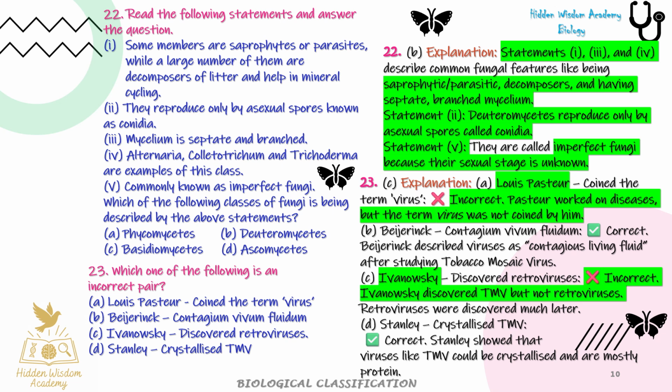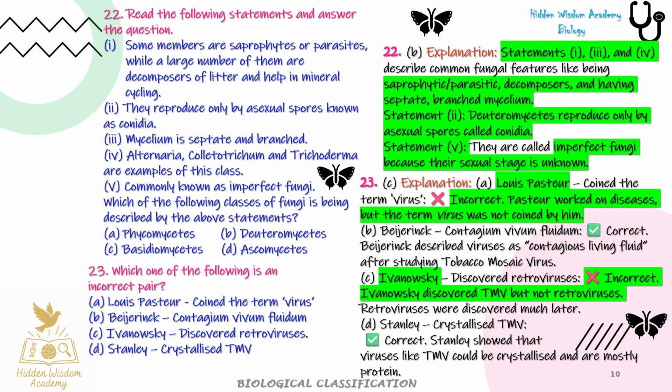Which of the following classes of fungi is being described by the above statements? Option A. Phycomycetes. Option B. Deuteromycetes. Option C. Basidiomycetes. Option D. Ascomycetes. Explanation.